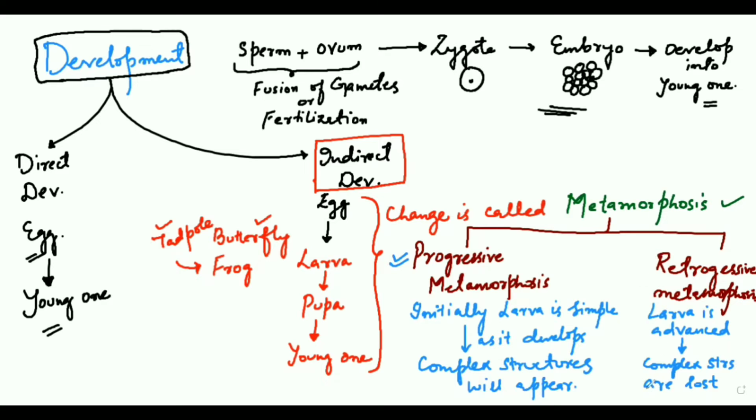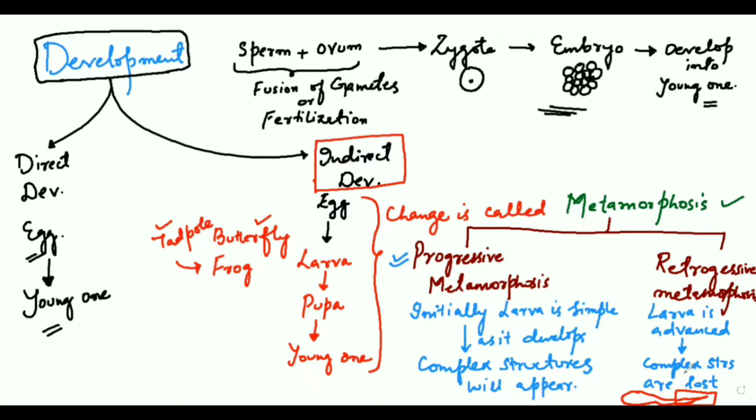Have you ever made a diagram of a tadpole as far as frog is concerned? Once we show the tadpole, we make a structure which has a tail also. So a tadpole is comparatively more complex than a frog because it can swim. But if you see the frog, in that this tail disappears. So can't we say that the larva, that means the tadpole, had some complex structure?